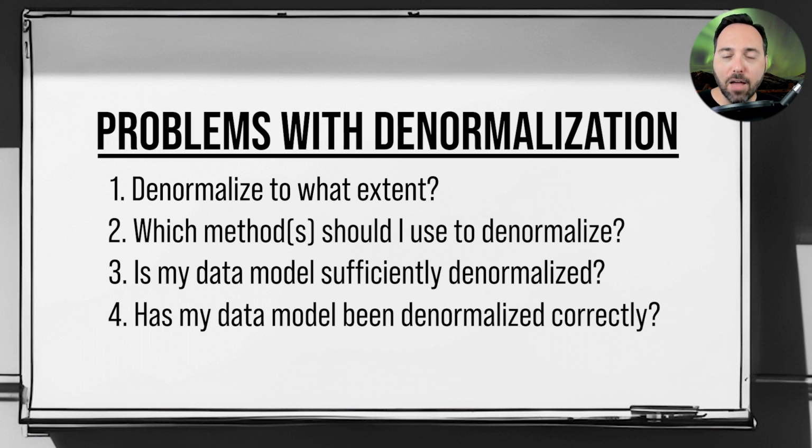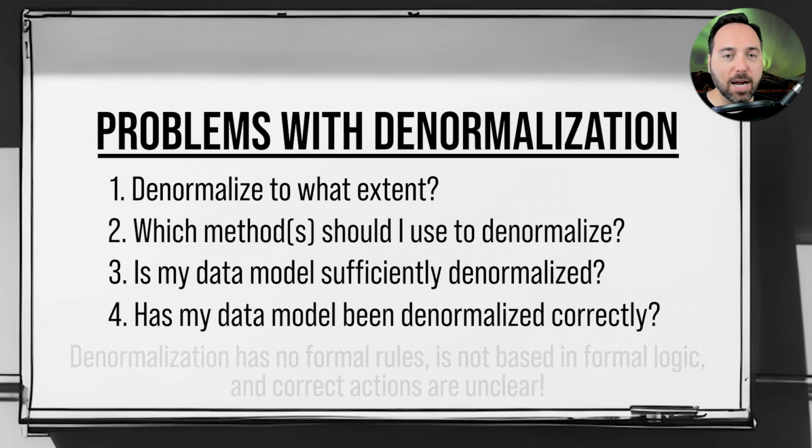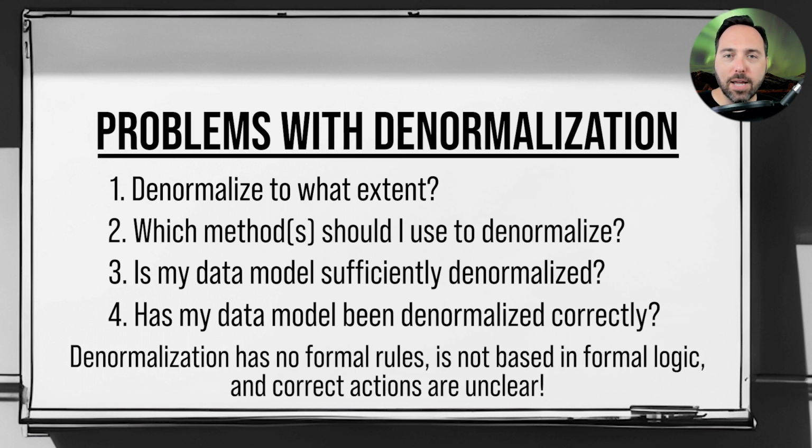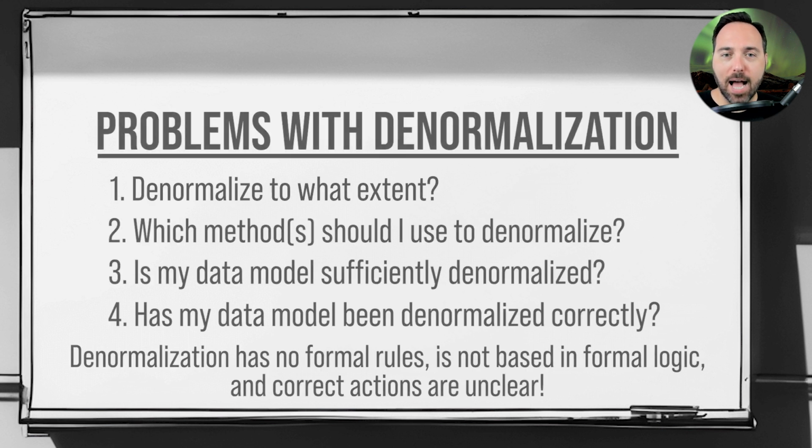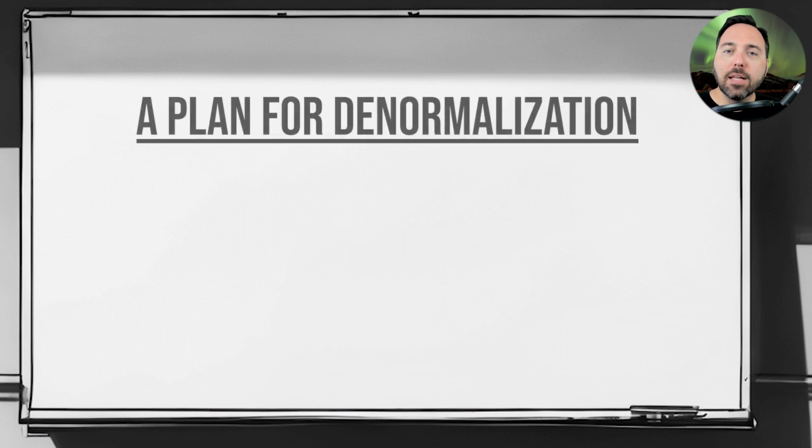What rules can I follow to ensure that I don't denormalize something incorrectly? The short answer here is denormalization doesn't have any formal rules, isn't based in formal logic, and the correct action is not clear. But let's not beat up entirely on denormalization, because it's not always the wrong answer.